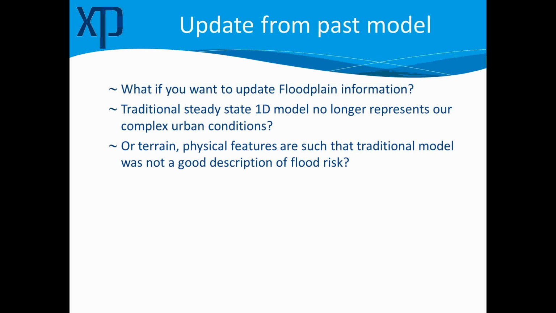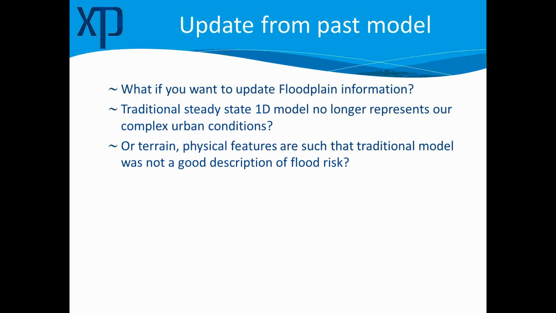We want our model to represent the conditions we have today. We want to do good engineering and ensure that proposed flood mitigation projects or new developments or other things don't have an adverse impact, either at that locale or downstream. And so we want updated flood information. We know that the 1D assumptions don't represent our complex urban conditions.